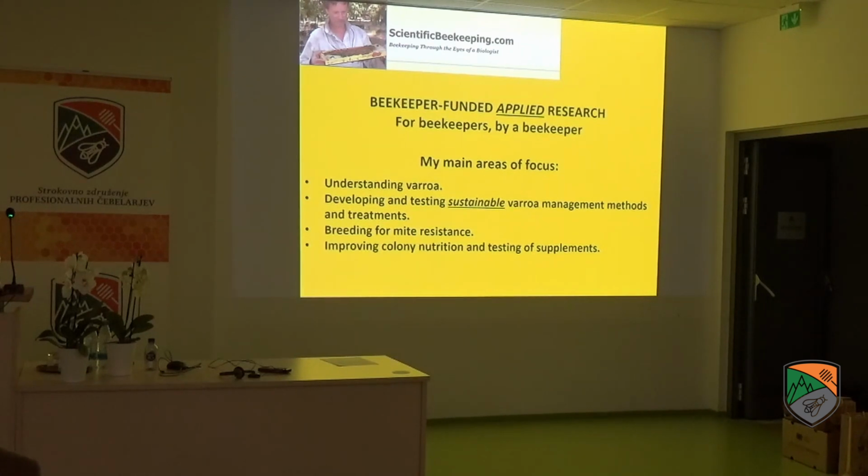How many of you in this audience feed artificial diet, pollen sub, or any kind of protein to the bees? Okay, just a few. As your climate changes and there's less and less forage, and you get more beekeepers, you're already over carrying capacity, you may need to start feeding pollen sub.